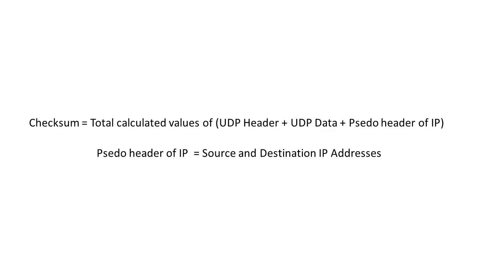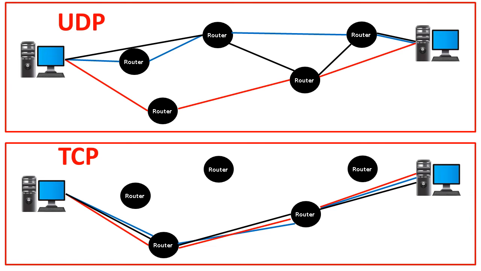In the pseudo header of IP, it calculates the value of the source and destination IP addresses, which do not change and stay fixed throughout the transmission period in the network layer at the router. Unlike TCP, UDP sends packets through different routes and not through a single route. That is why there is a high chance of losing data packets.